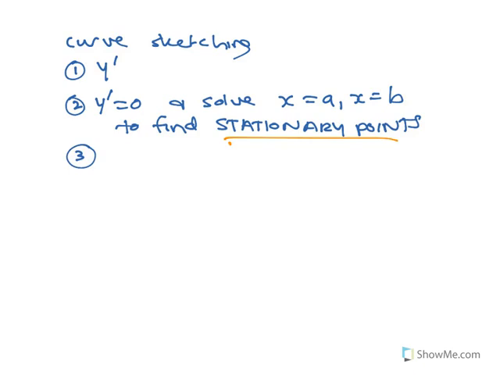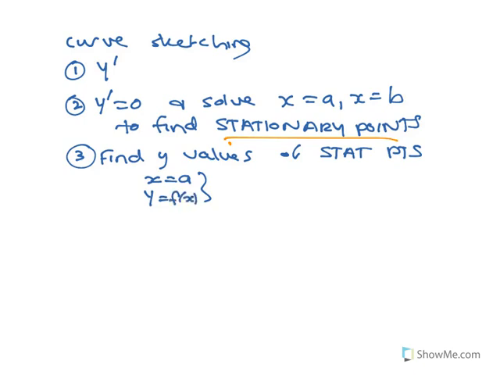Step 3 is you need to find the y values of your stationary points. So you sub x equals a into the original function to find y, and you sub x equals b into the original function as well to find the y value for b.